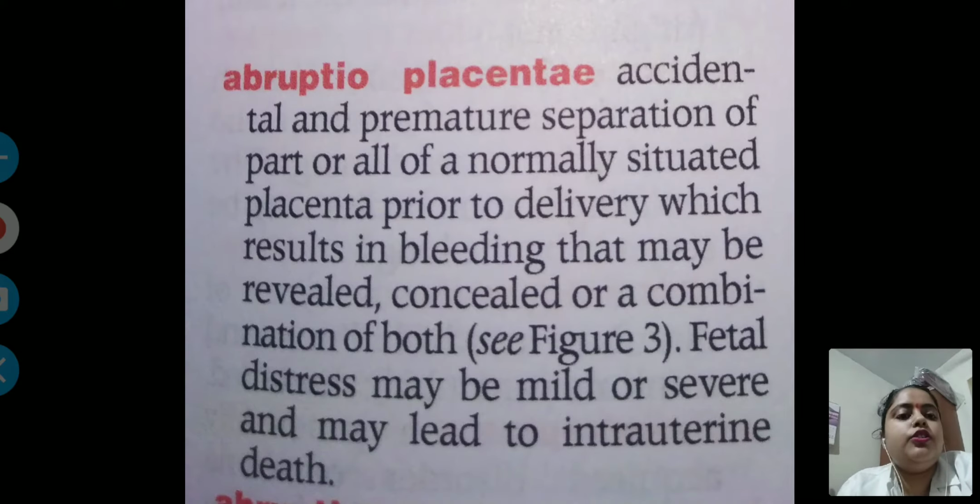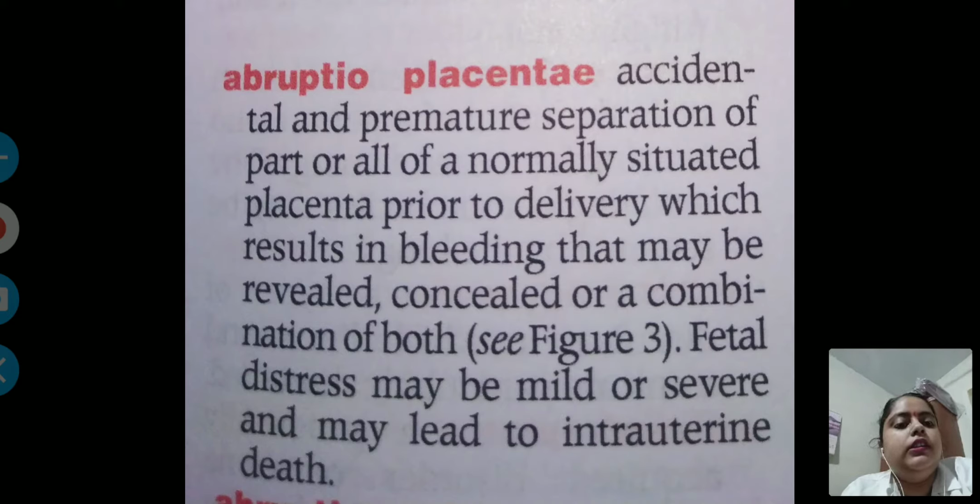Premature means the baby is not mature enough, has not completed 37 weeks of gestation. So in that situation there is separation of a normally situated placenta prior to delivery, which results in bleeding.